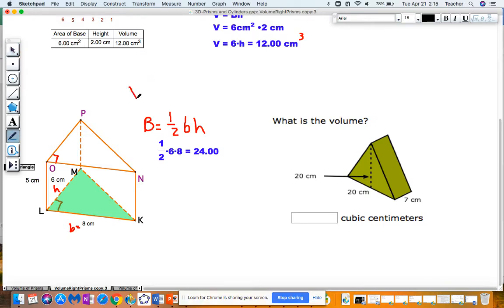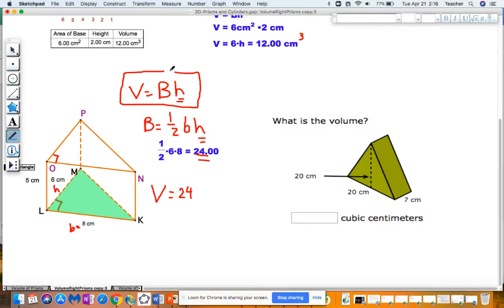So if I look at my volume formula, this is big B, which is what we just solved for, times H. Not this H. This H represents the height of the triangle, the base. The h we want here is the actual height of the prism. So the big B we solved for is 24. The h in the formula is the height of the prism, which is 5. 24 times 5.